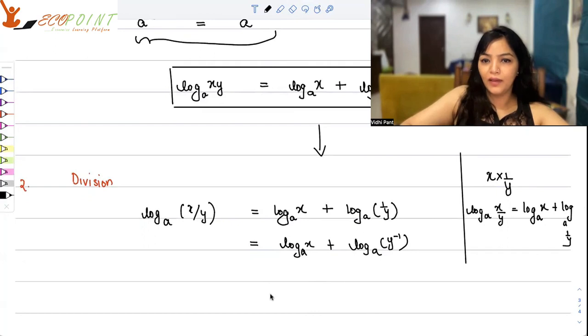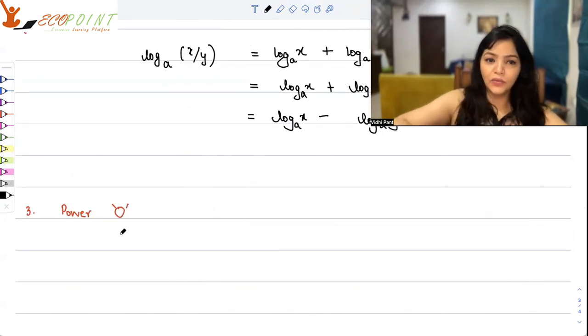And since you have y to the power minus 1, what will it turn into? It will turn into log base a x minus log base a y.